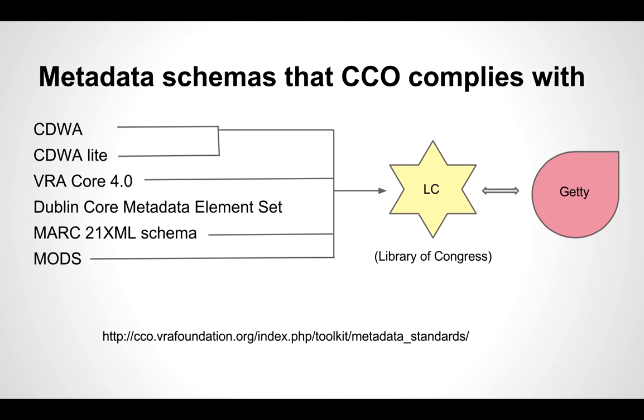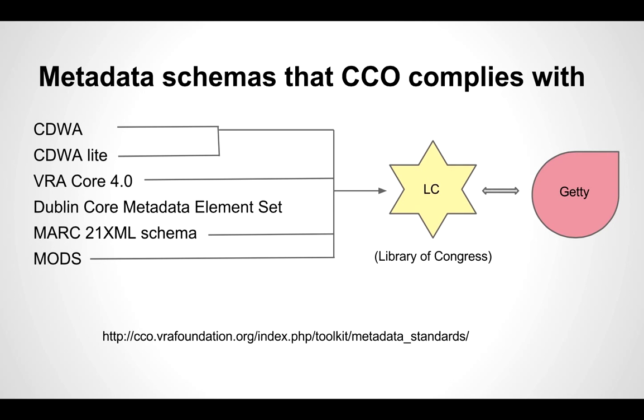So the other metadata schemas that I mentioned before that comply with the CCO are the Categories for the Description of Works of Art, which is the CDWA Lite, Visual Resources Core 4.0, Dublin Core Metadata Element Set, Machine Readable Cataloging 21 XML Schema, and Metadata Object Description Schema.